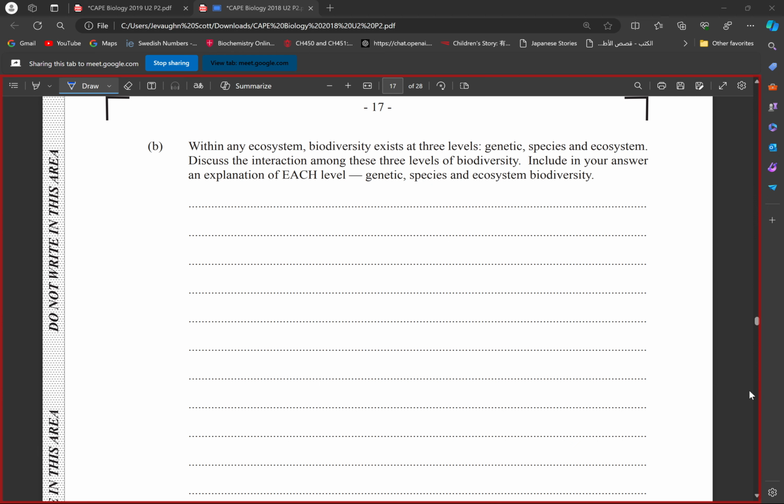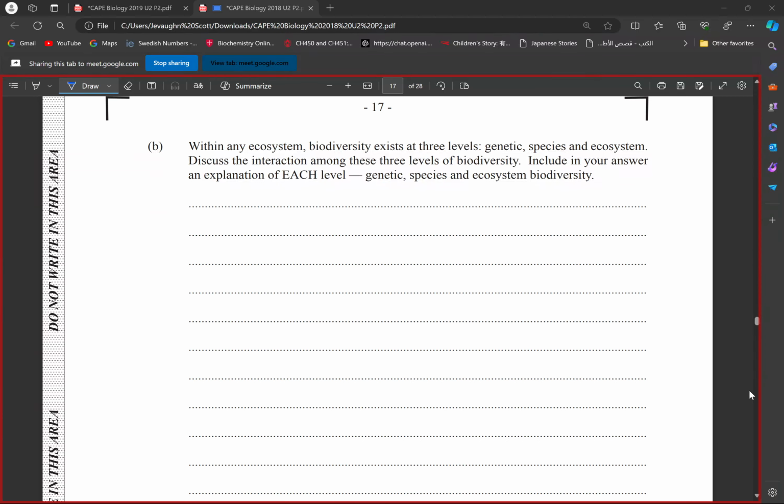All right, so as I mentioned at the beginning of the question, when you're talking about the interactions, it is best to talk about ecosystem, then species, then genetic. So we know that ecosystem diversity provides the framework for species diversity by offering different habitats and niches.